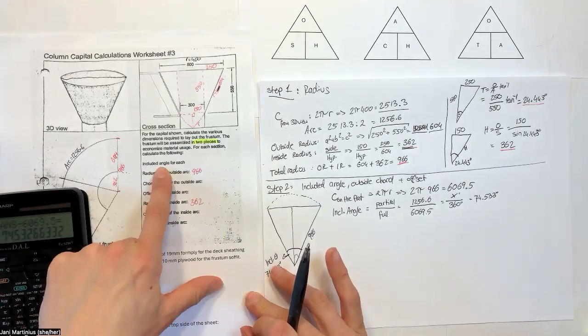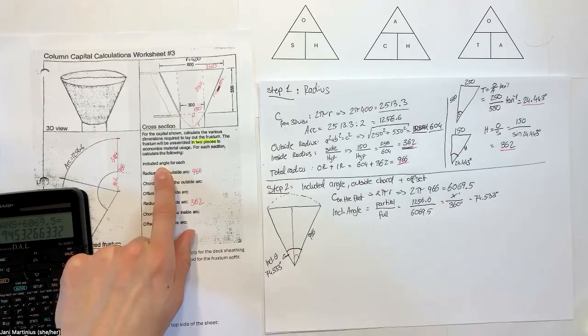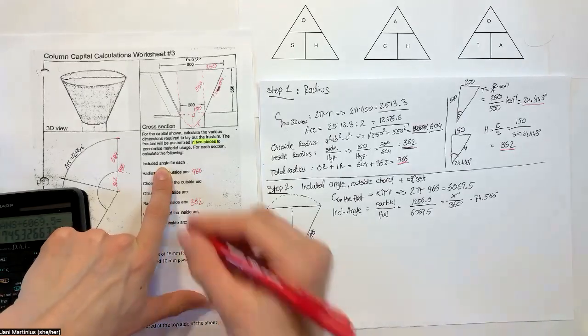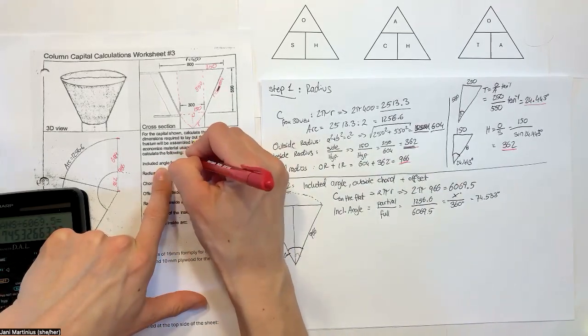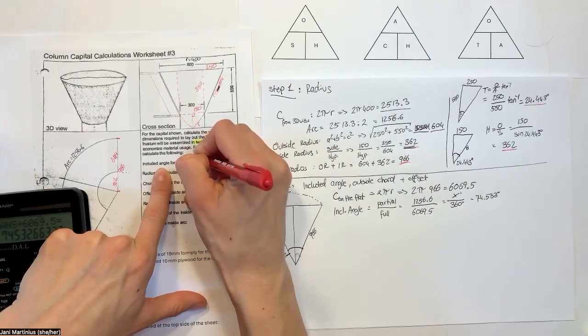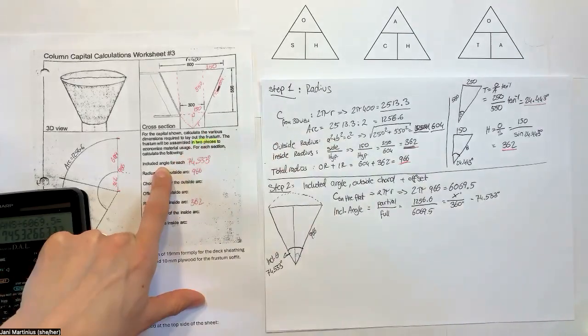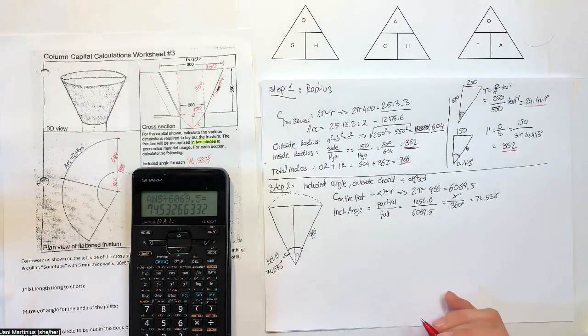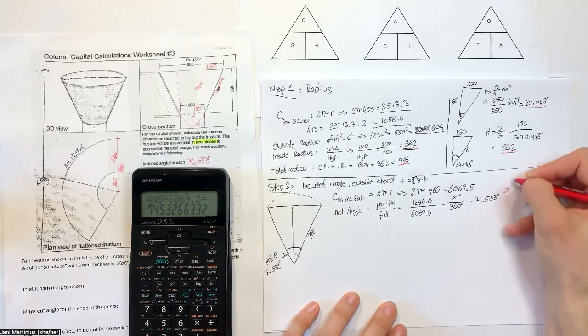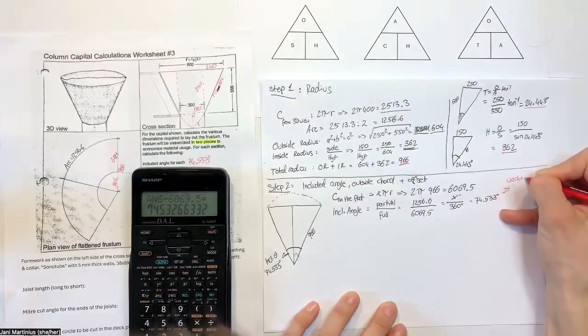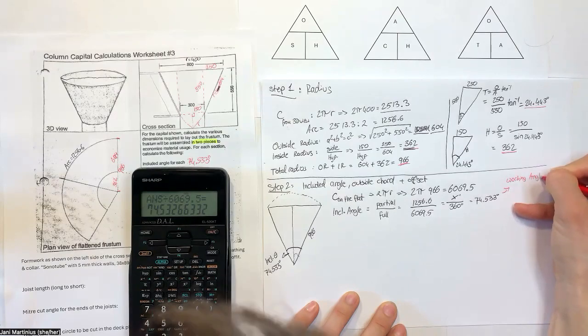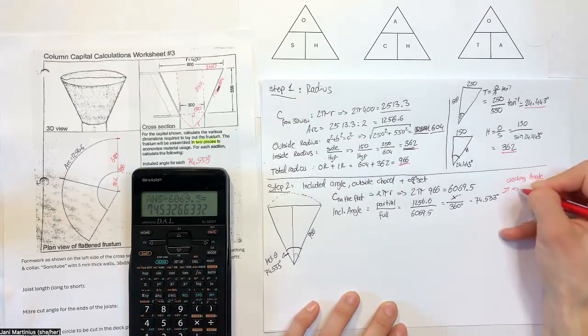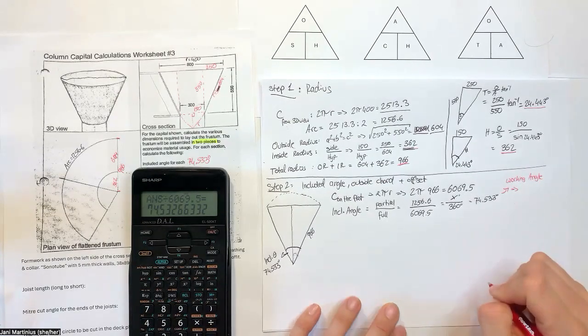Let's have a look. Included angle for each. Can we fill that out now? Yes, we can. 74.533 degrees. Wonderful. I always just like to write down what our working angle is, which is this guy divided by 2, right?